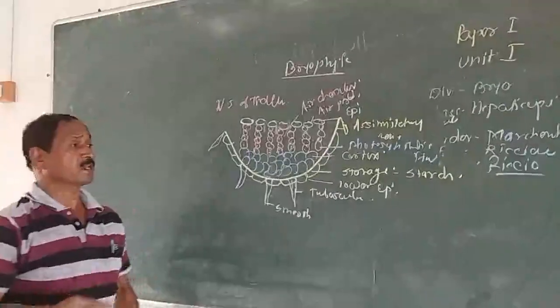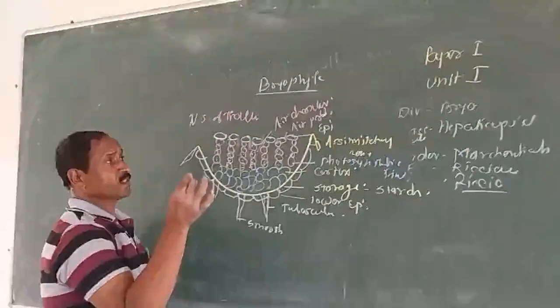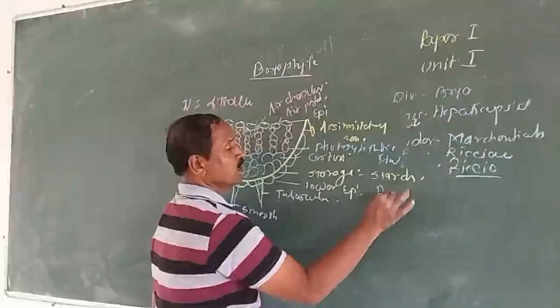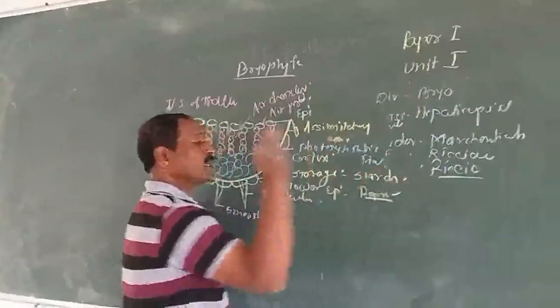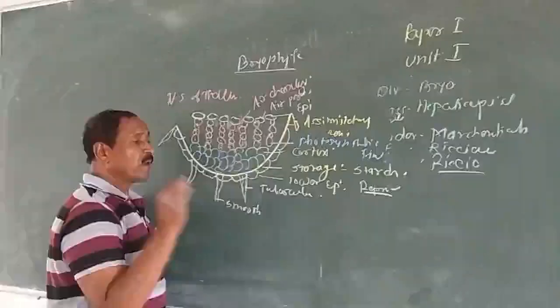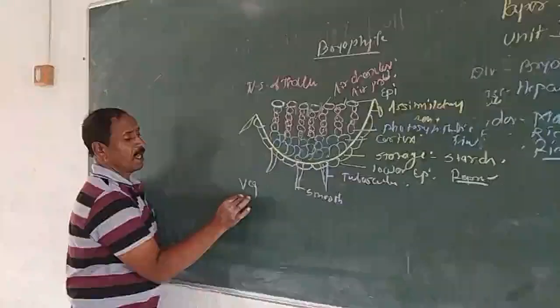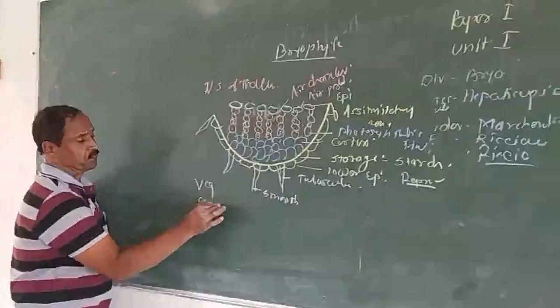And the next part in this, that is the reproduction. In the reproduction, in Riccia, reproduction takes place by two methods, that is vegetative and sexual.